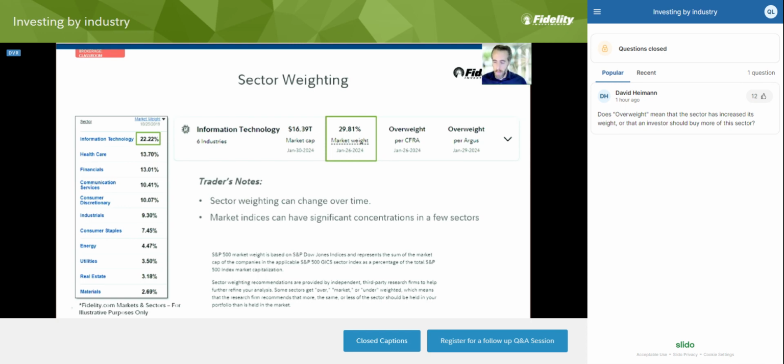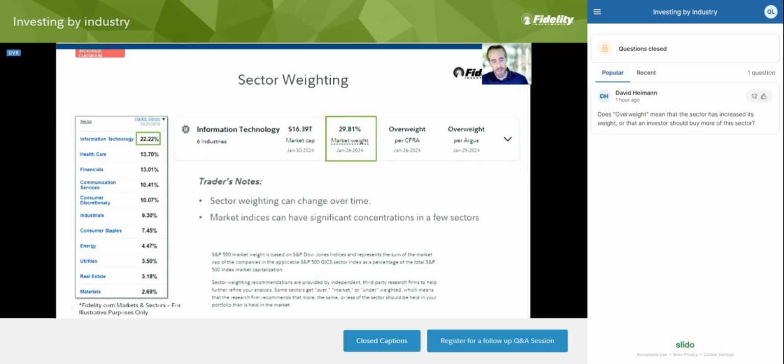And one more slide before we jump into the fidelity.com experience, where we can start looking at these industries, each of them one by one. I also want to talk to you about why it's important to pay attention to both sectors and industries, industries being a component of the sector.